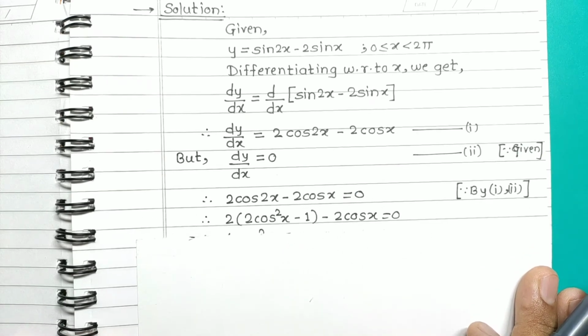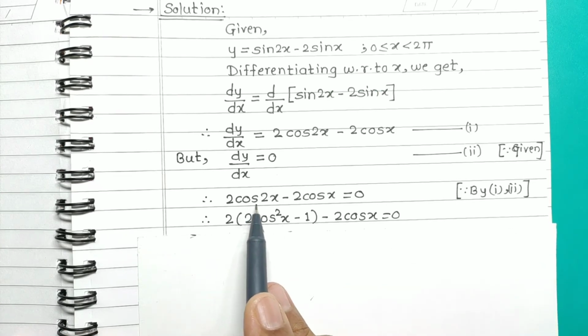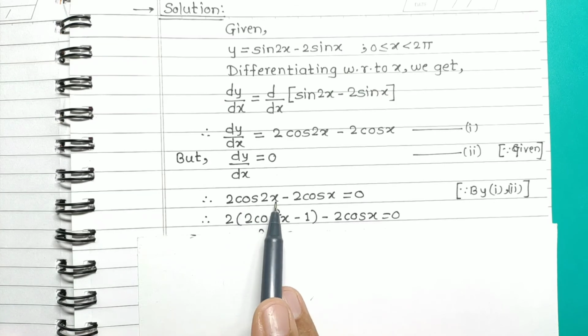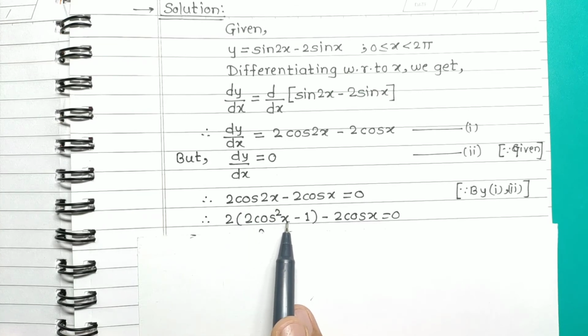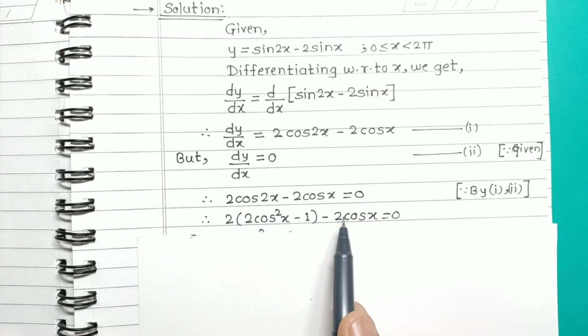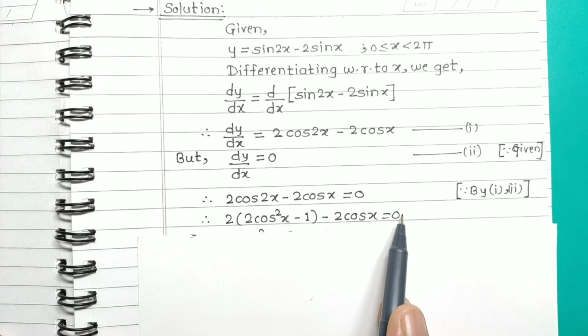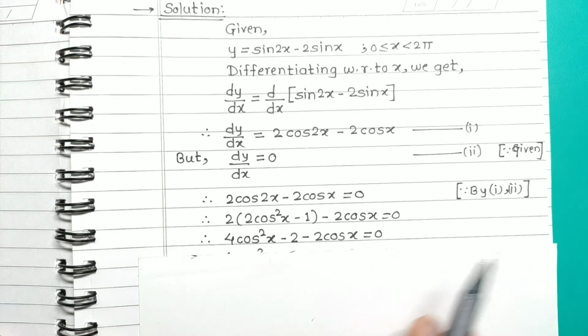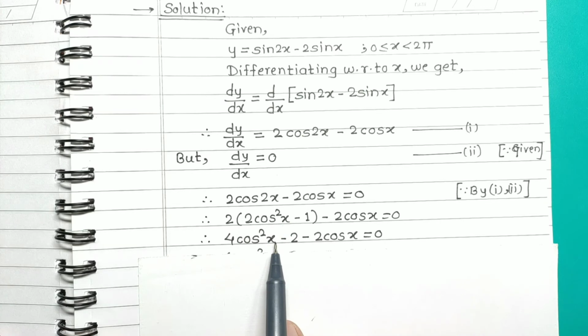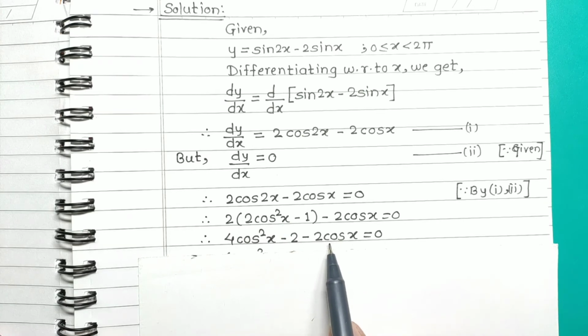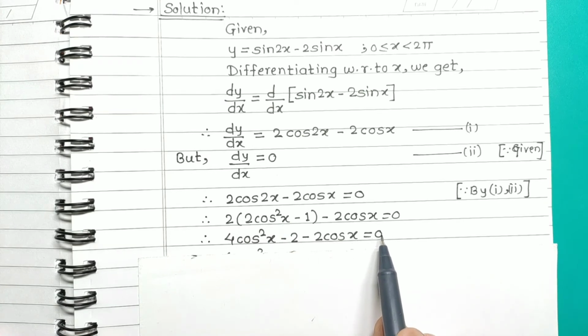So here I am going to write this cos 2x using a formula from trigonometry. We have cos 2x is equal to 2 cos square x minus 1, minus 2 cos x is equal to 0. So this equation becomes 4 cos square x minus 2 cos x is equal to 0.